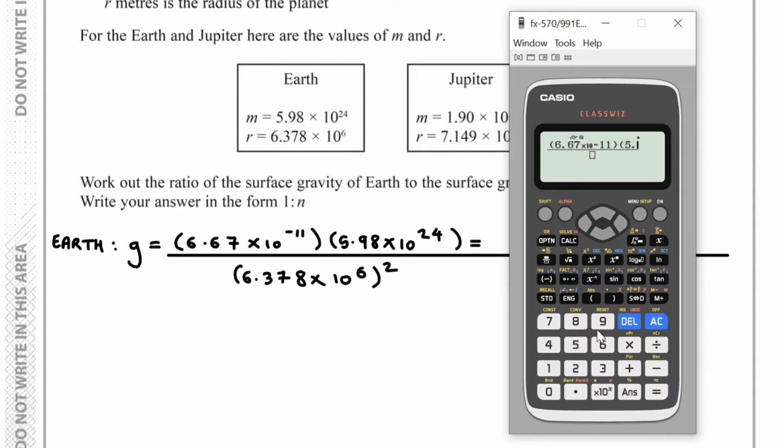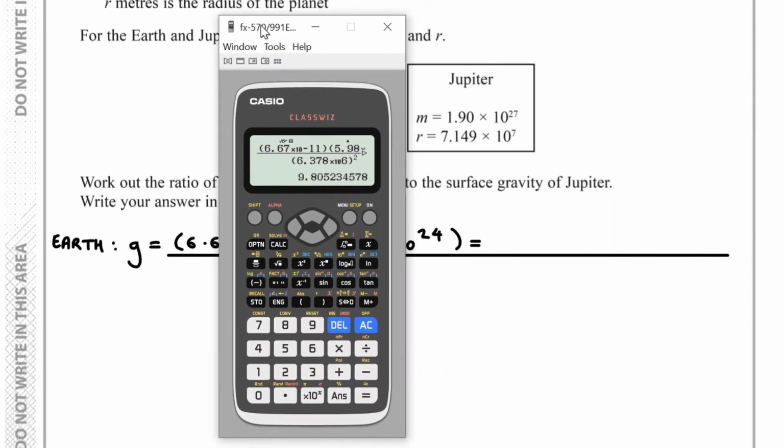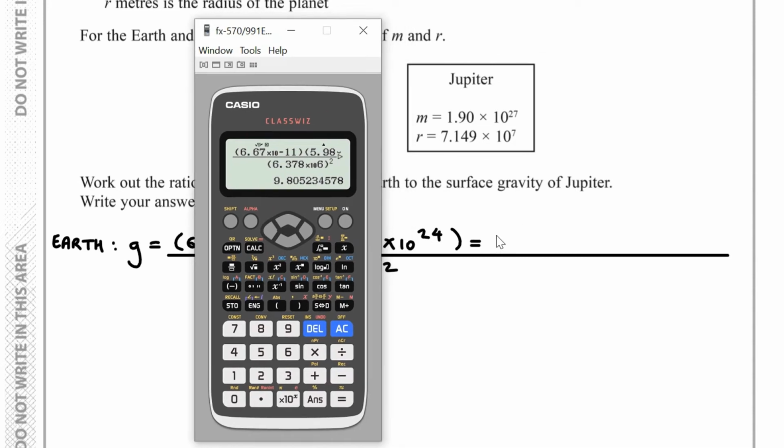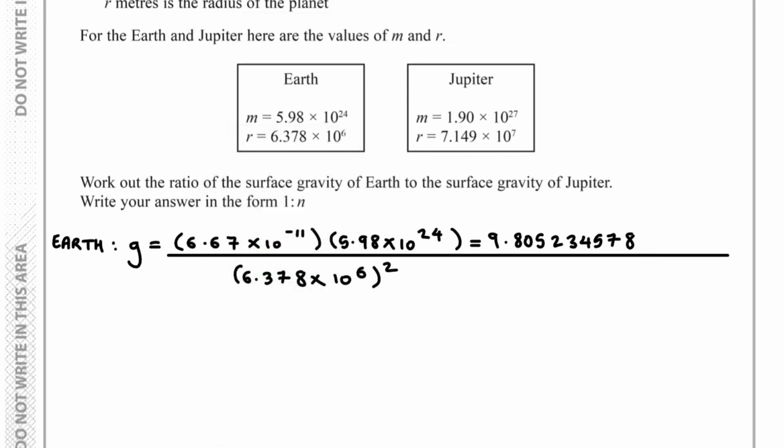Then we've got the 5.98 times 10 to the 24, close bracket, and on the bottom we've got something squared, and that something is 6.378 times 10 to the 6. So if we work this out, it turns out we get 9.805234578. So this is the value of G for Earth.